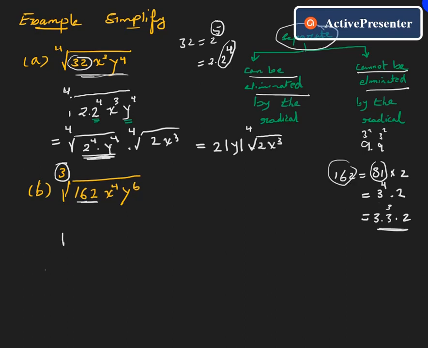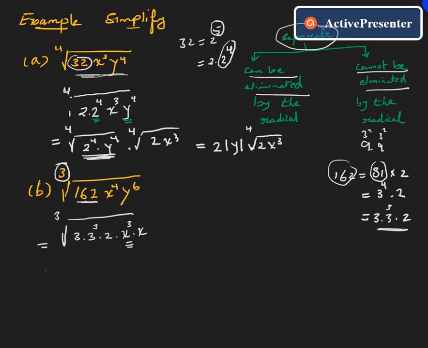So what are we going to do? This is the third root. This is equal to the third root of 162, so it should be 3 multiplied by 3 to the power 3 multiplied by 2, right? What about x to the power 4? X to the power 4 is x cubed multiplied by x, because we want to utilize x to the power 3 with the third root.